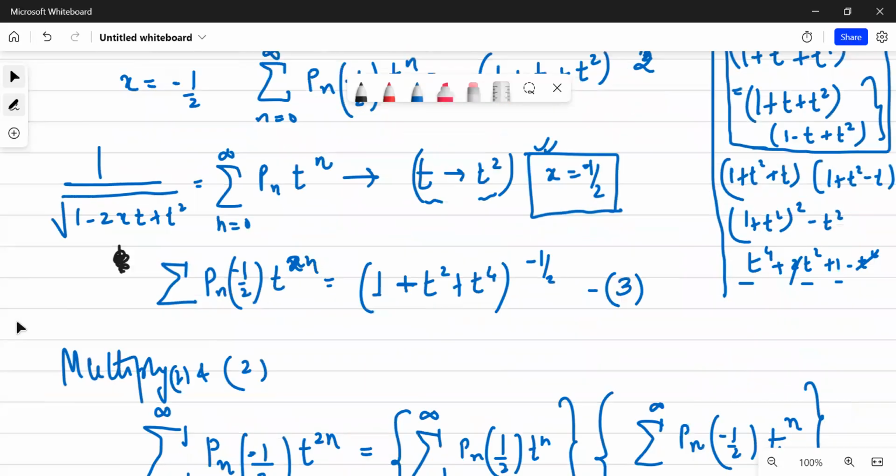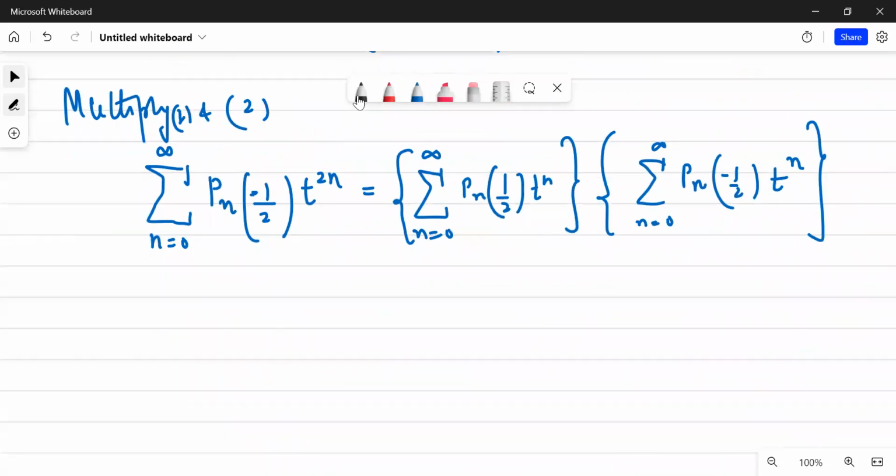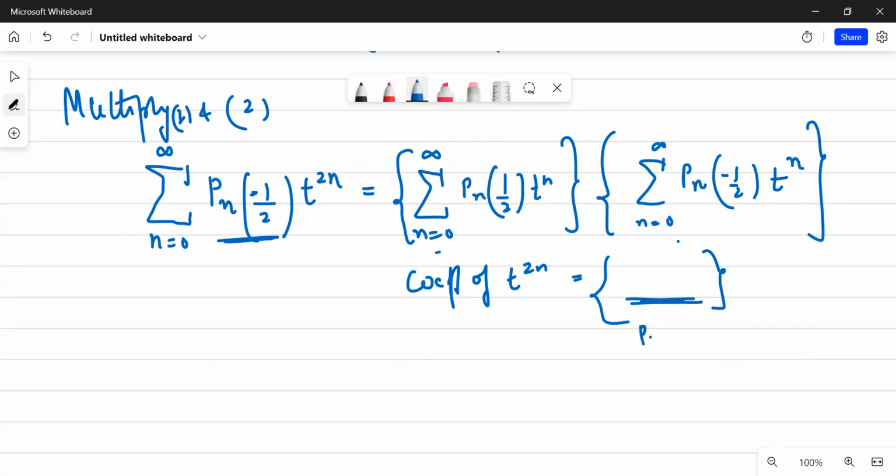Clear. चलो गुड. अब थोड़ा ध्यान से देखते हैं what needs to be seen in both of these parentheses, when it multiplies, we want to find what is the coefficient of t की power 2n. This is what we are interested in, right? Because the coefficient of t की power 2n would correspond to Pn minus half.